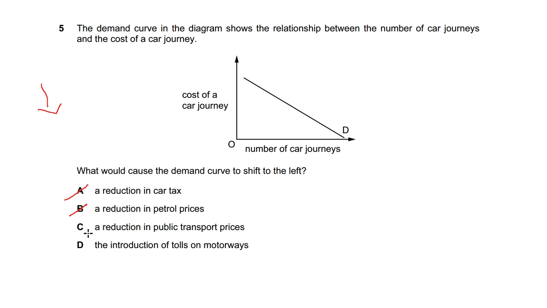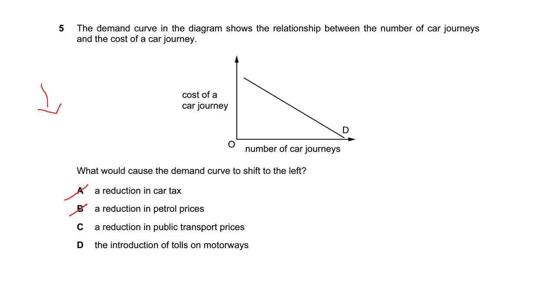Option C is a reduction in public transport prices. Now, if public transport becomes cheaper, we need to know that public transport is a substitute for car journeys. So people will have more demand for public transport, the quantity for public transport will increase, and the quantity of car journeys will decrease.